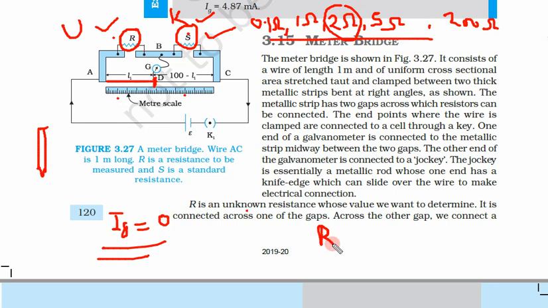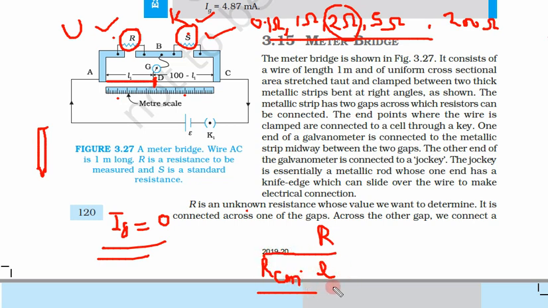So R upon the resistance of this part, this length, let us say L1 or L. Let us say this length is L. I am taking it L, they have taken L1 because you have to take many readings, not only one. So R upon L, and again this is not a resistance, so make it a resistance: RCM into L, resistance per unit centimeter into total length.